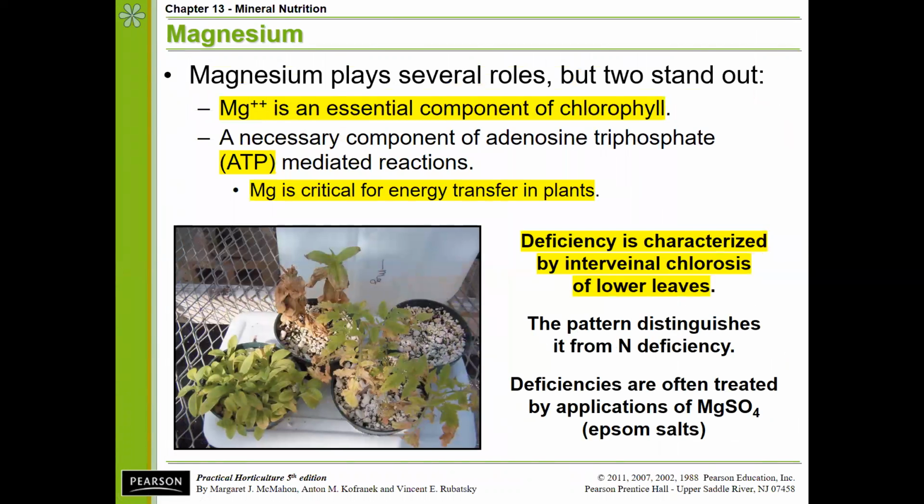So that's to balance magnesium and calcium. They kind of have a synergistic effect, so you need them both in a balanced amount.